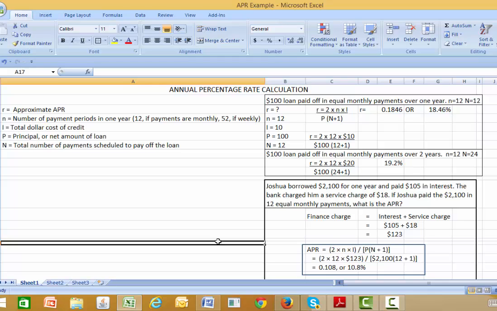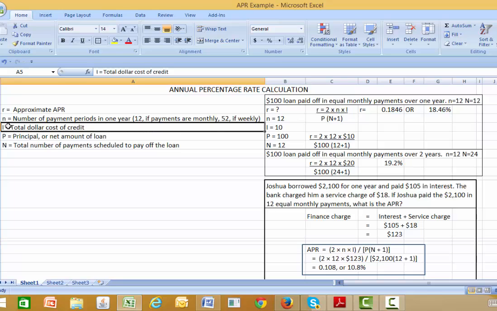So how much is the finance charge? How much is this I? It's the total dollar cost of the credit. So it is $105, the interest, plus the service charge of $18. You have $123. You apply the formula, guys. It's the same. 2 times 12, because we're making 12 monthly payments, times the total cost of the credit, because it's interest plus service charge, right?